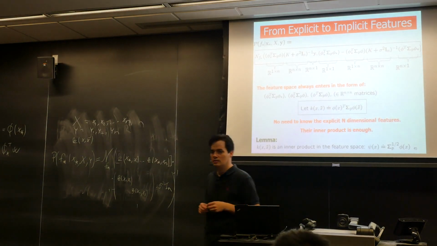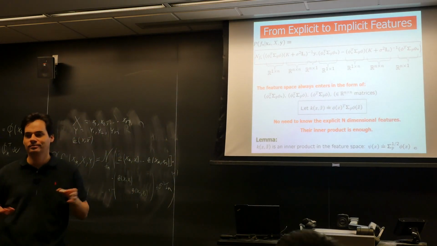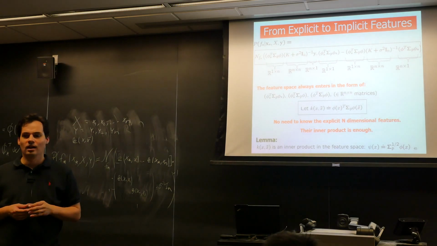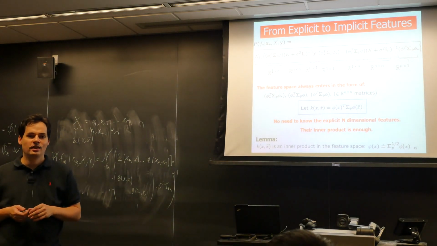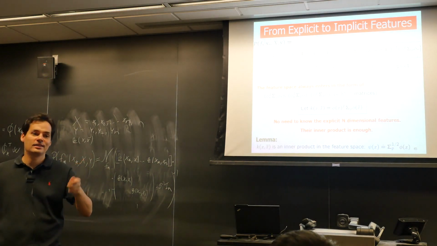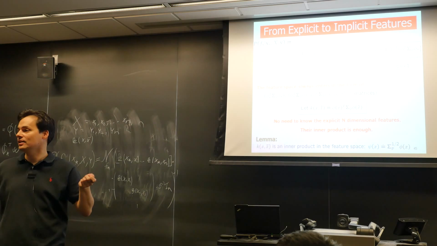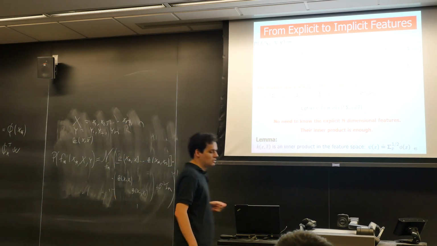But every kernel has some parameters somewhere. For example, even for the linear kernel, you can say it's x transpose y, or you can say a constant times x transpose y, and then you can tune that constant.